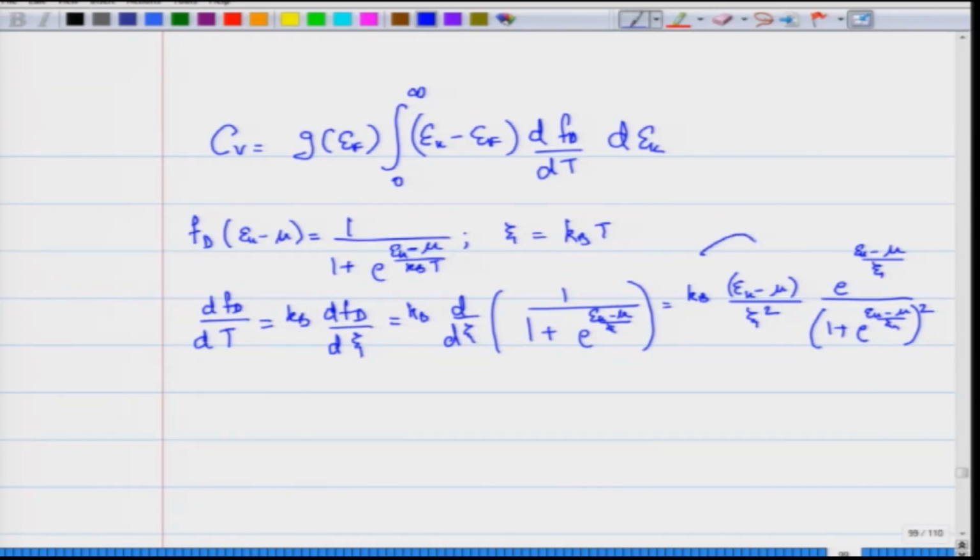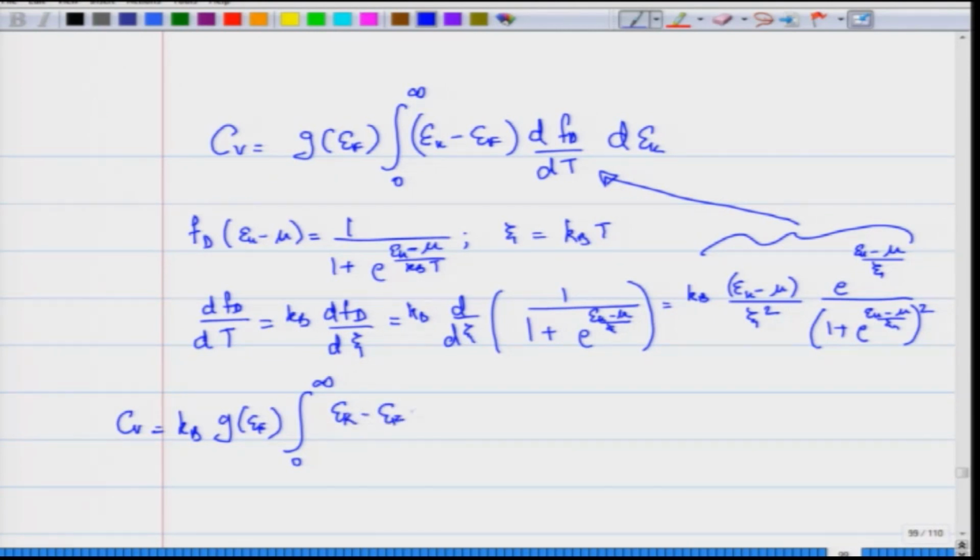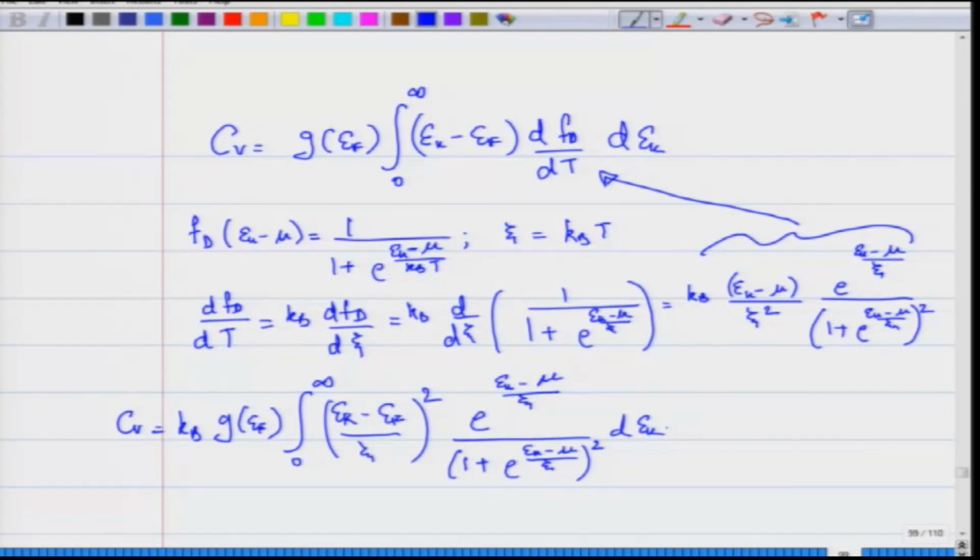If we substitute all of this here, Cv is equal to kB into density of states at the Fermi energy, integral 0 to infinity of ((Ek minus Ef) by zeta) the whole square into e raised to (Ek minus mu) by zeta divided by (1 plus e raised to (Ek minus mu) by zeta) the whole square dEk. So, we have this expression.